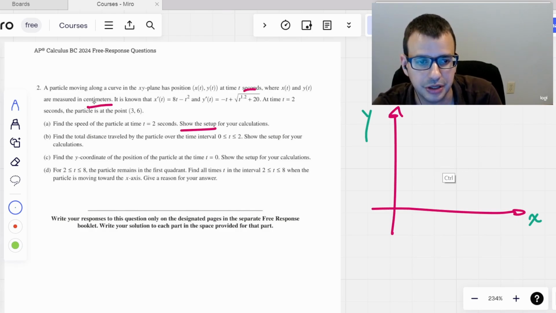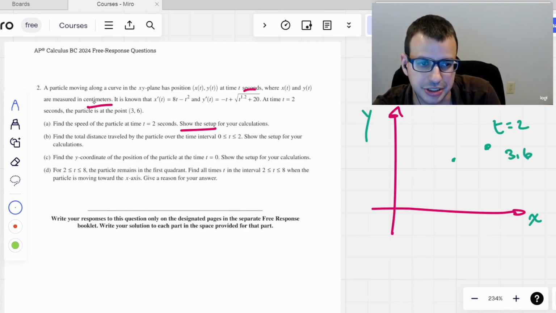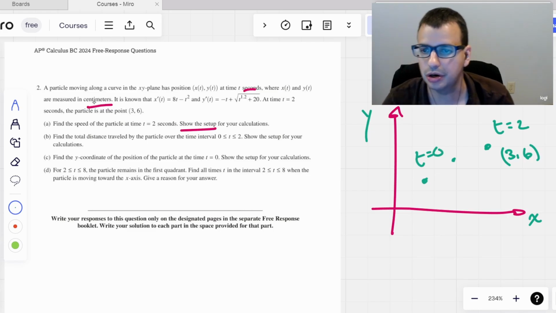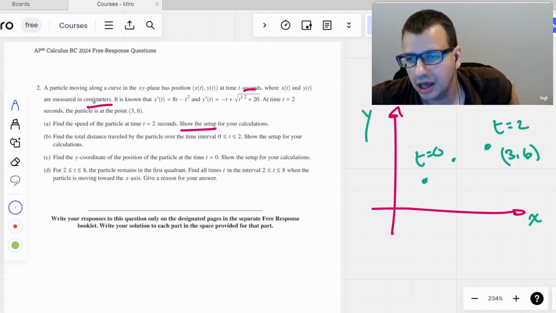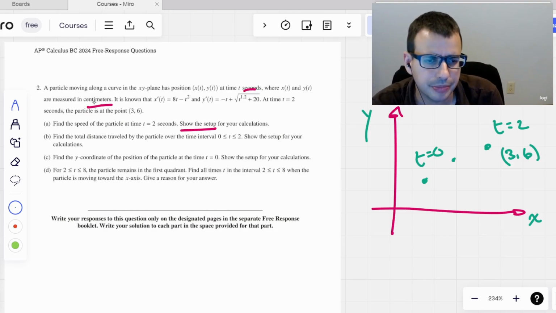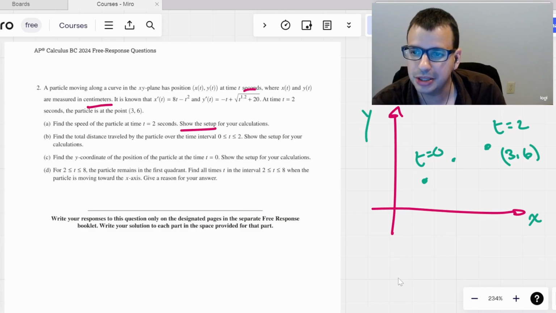This is at 3, 6, and this will be at t equals 0. So we want to find the speed of the particle at that time.